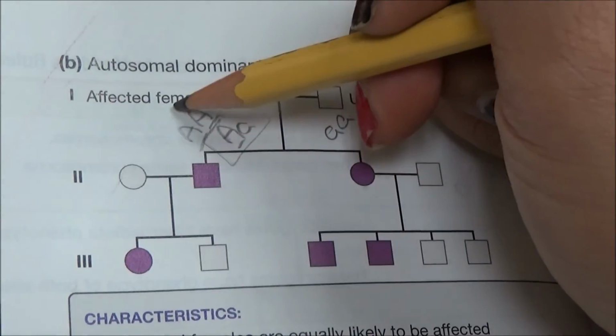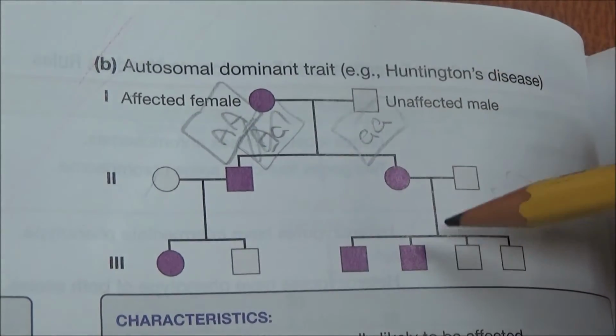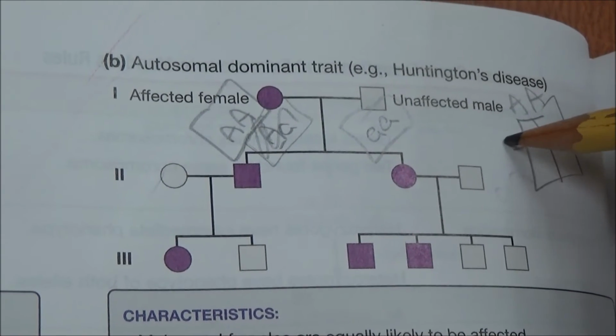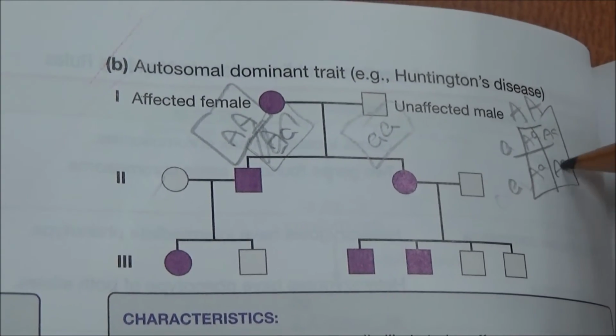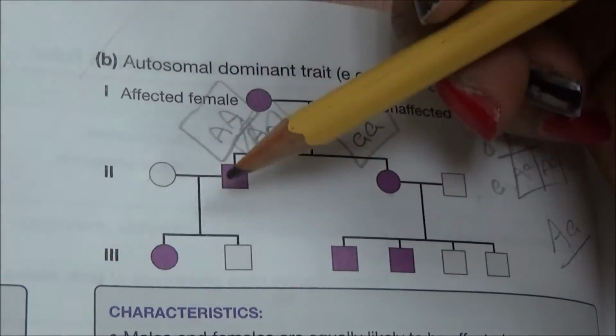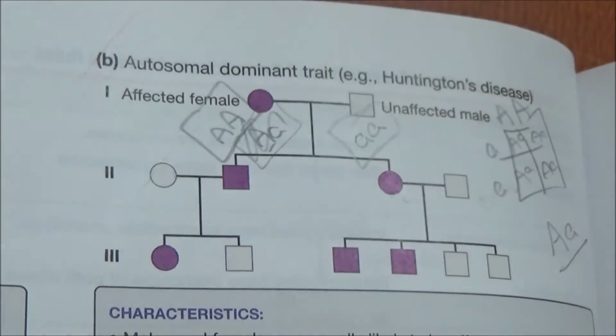So that means that the mom has to be capital A, and the dad has to be lowercase a. Then when you draw your Punnett square, it would be capital A, lowercase a, which gives you a 100% chance of a heterozygous genotype, and that's what the children are. And the ones next to them are just who they're married to.